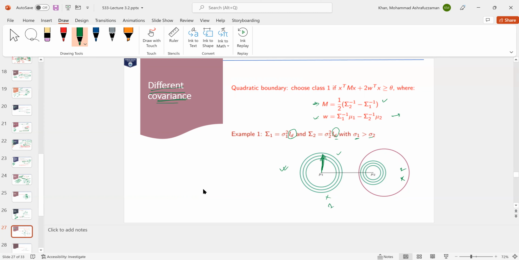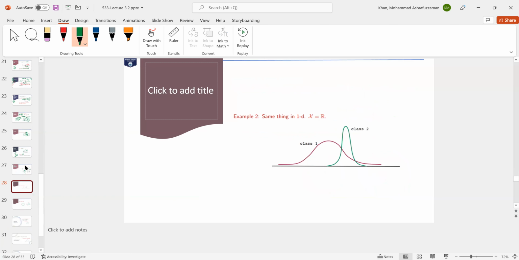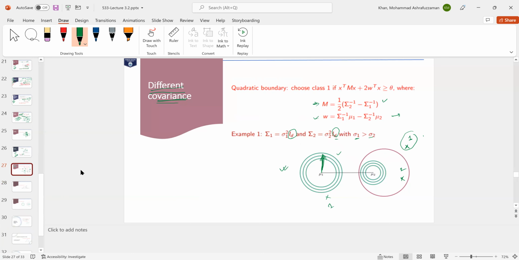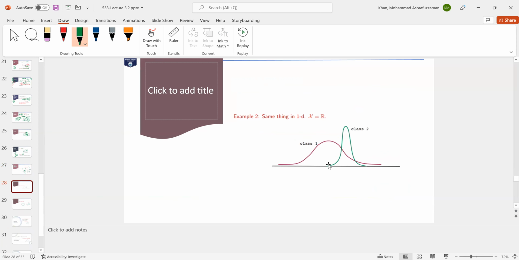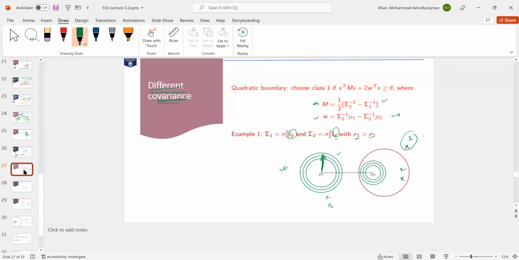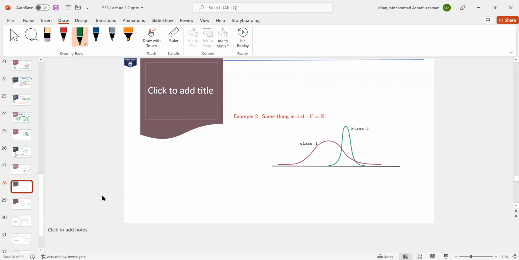Again, if we have a data point here, we'll classify it as class 1. So this is for the 2-dimensional case. In 1-dimensional, they will look like this. To make it clear, they look like this.